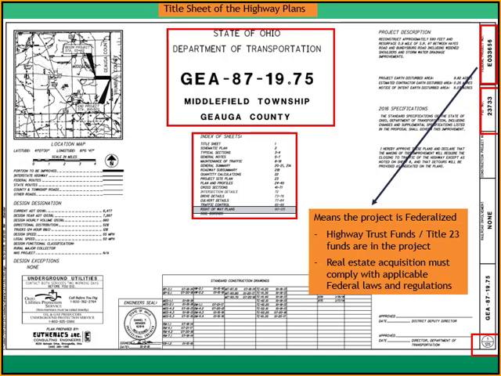And I've outlined in the bottom right, it's circle 1 over 125. That means we're on page 1 of a plan set that has 125 pages in it. At the top is the project description. And at the bottom, I've outlined another area in red, which is the engineer seal.